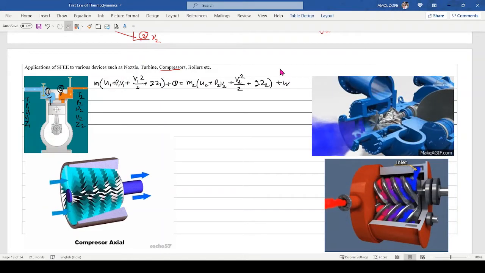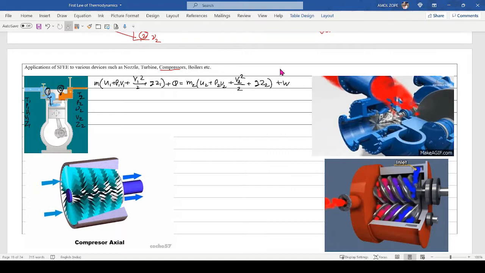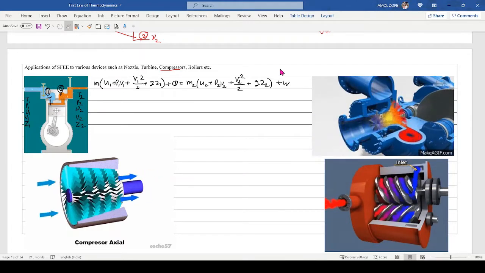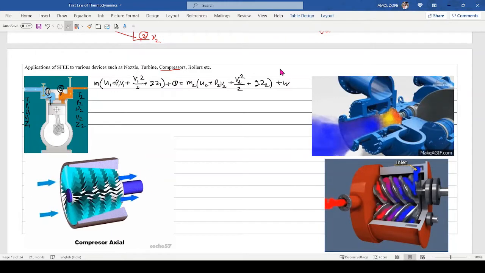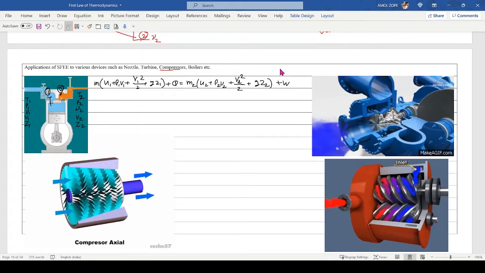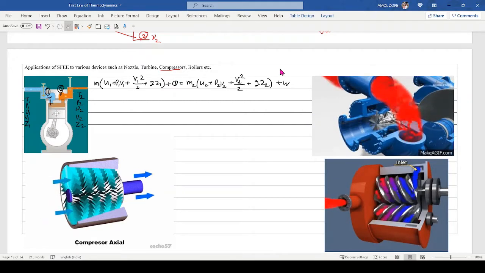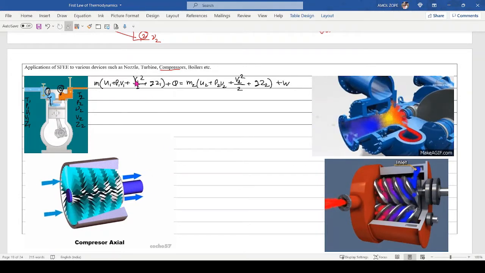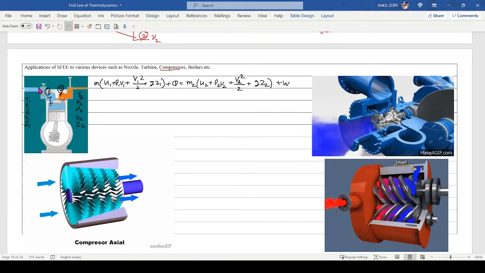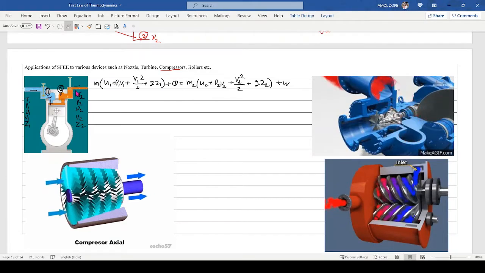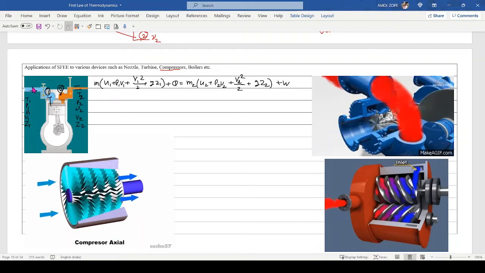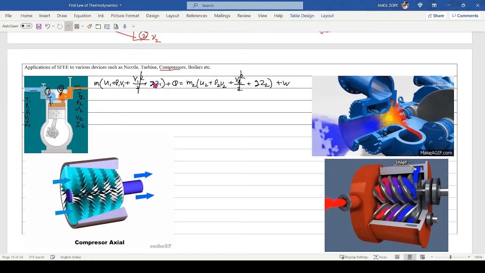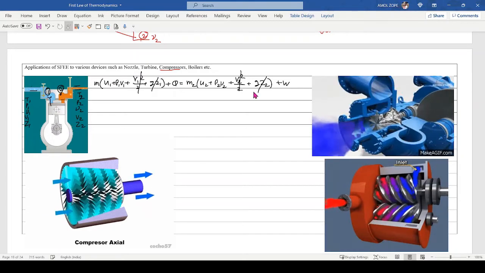Once you write down this equation, then think about the simplification for this equation. Which energies can we neglect, or which are significant? I can say that the cross sections of this pipeline and this pipeline are such that the velocities I can neglect, so I can neglect this term. The potential energy term I can neglect as well.